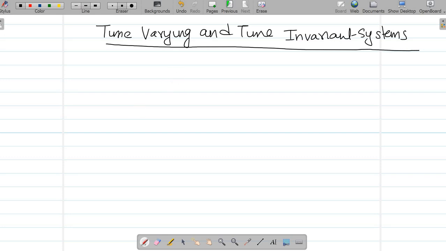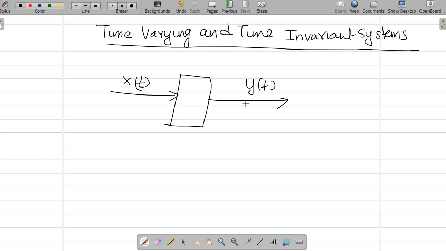Suppose you have a transformation block, and I apply an input x of t and get an output y of t. Now I have time shifted the input and then given it to the transformation block.